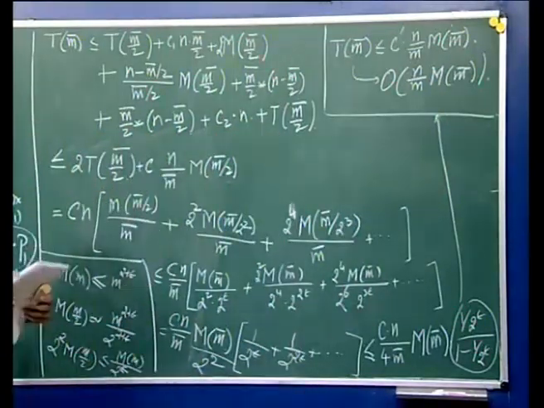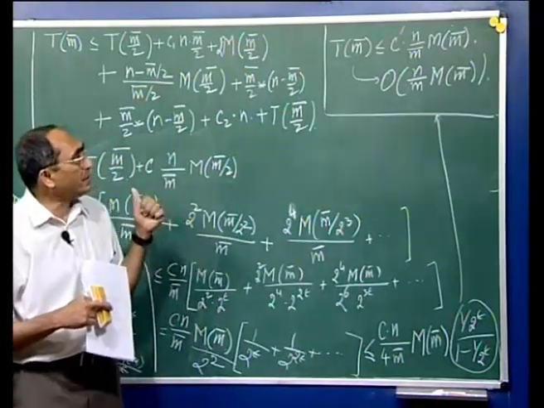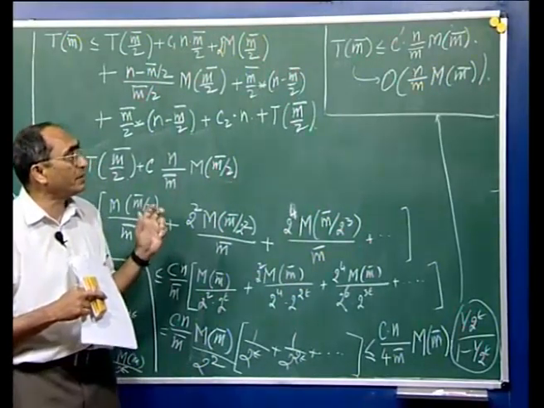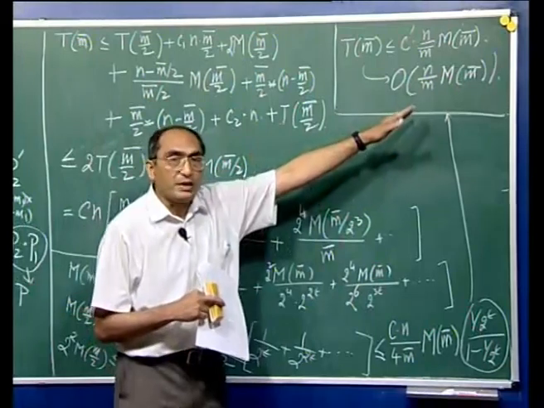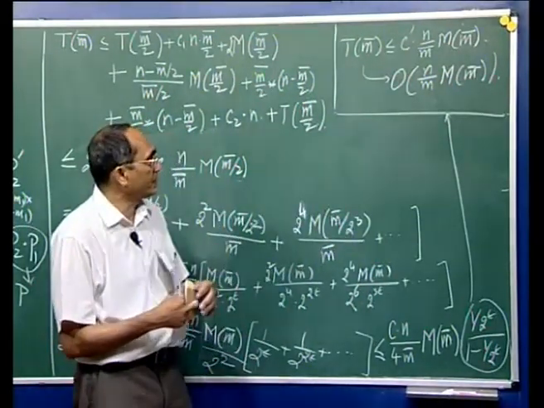So, we have finally concluded that the computation of inverse of a triangular matrix, computation of multiplication of matrices, and computation of decomposition into triangular matrices, all of them have the same cost.